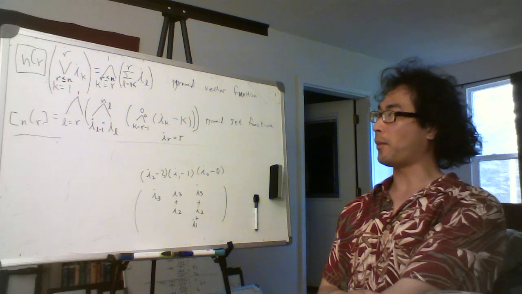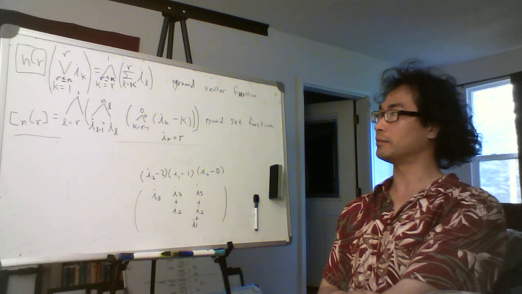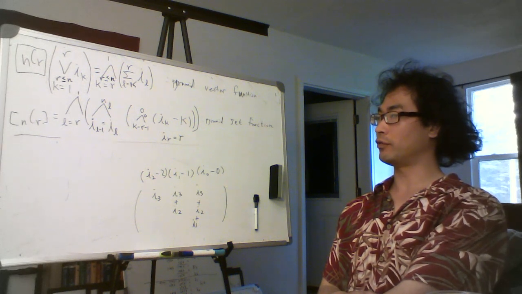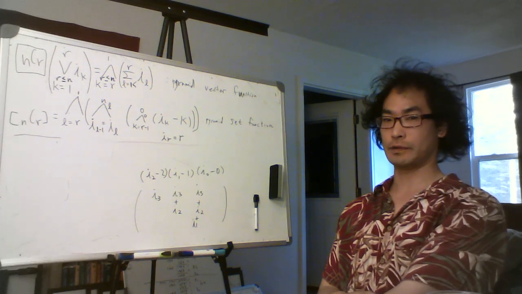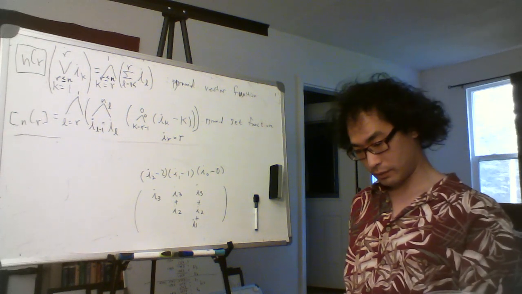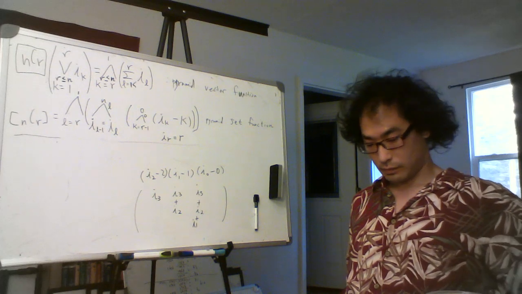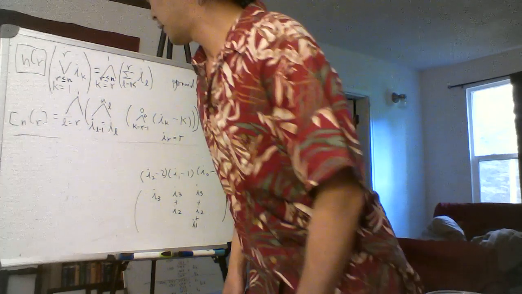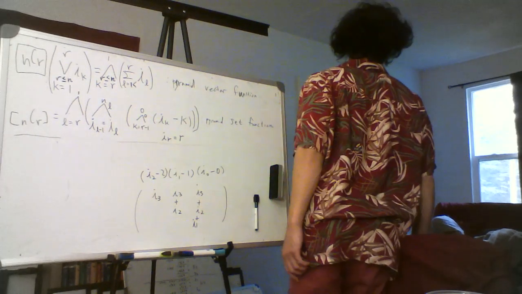But we may have to just move on, because we have a long way to go. All right, so at least let me take a picture of this, because we're not going to do this, at least not today.